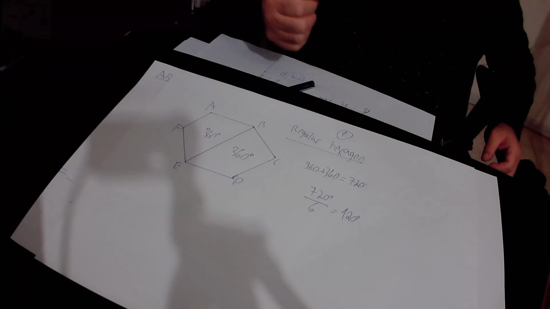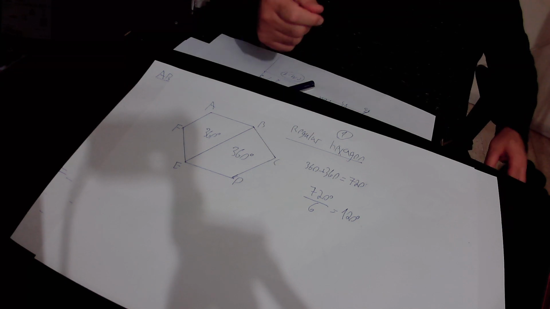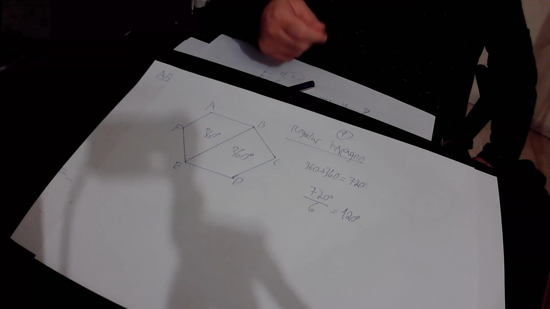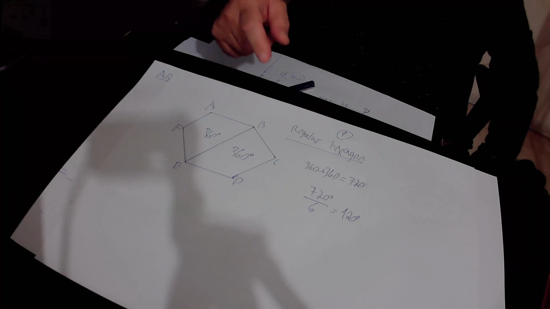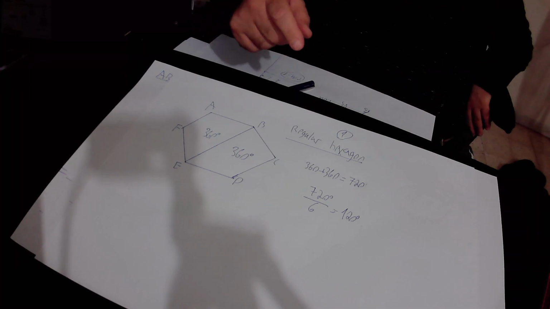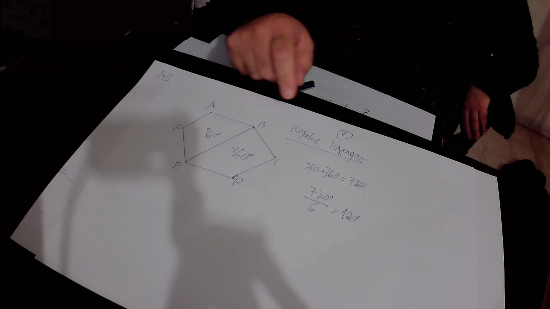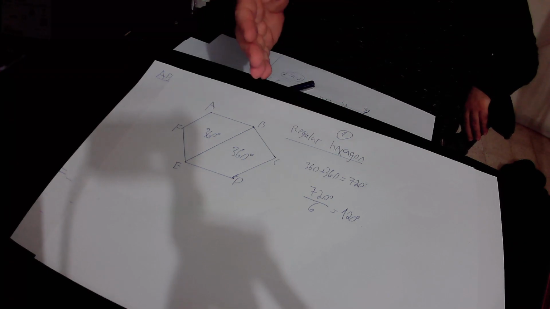And because in any regular hexagon we have 6 interior angles that are equal to each other, the size of one interior angle will be equal to the sum of all the 6 angles, that is 720 degrees, over the number of interior angles, that is 6.